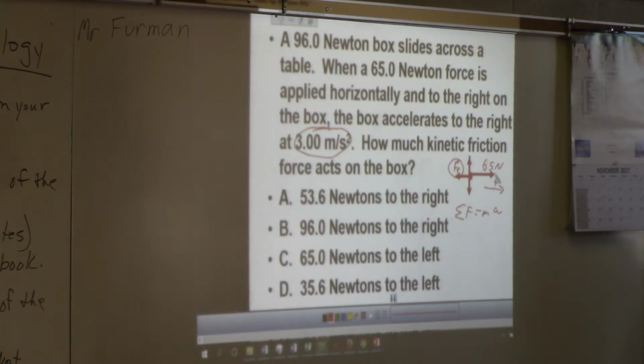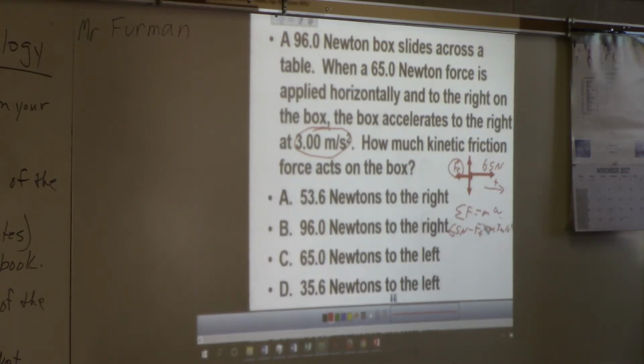I've got 65 newtons. That's a horizontal force. What's my other horizontal force? Friction. So do I add or subtract friction? Subtract, yeah, because it's in the opposite direction. Minus the force of friction is equal to the mass times the acceleration, which is 3 meters per second squared.